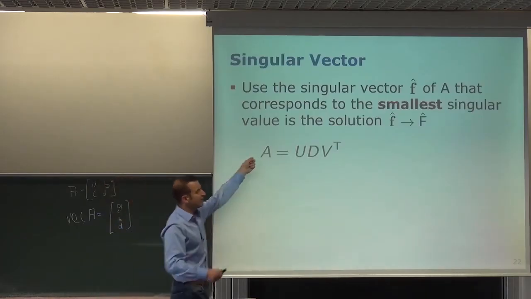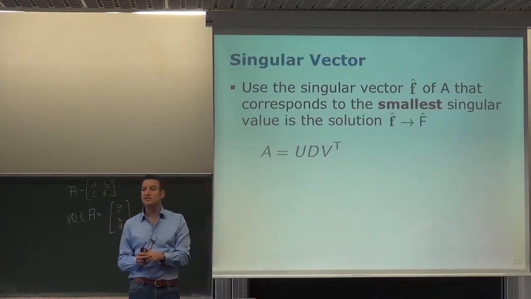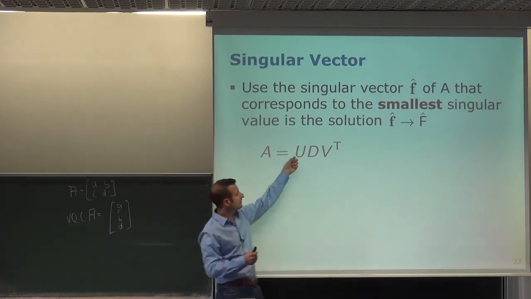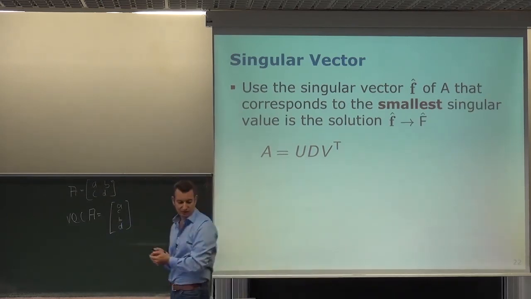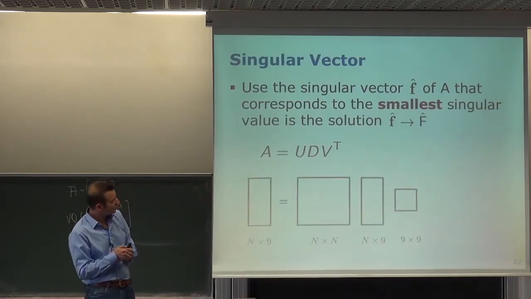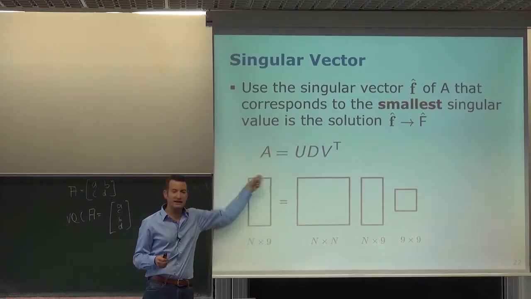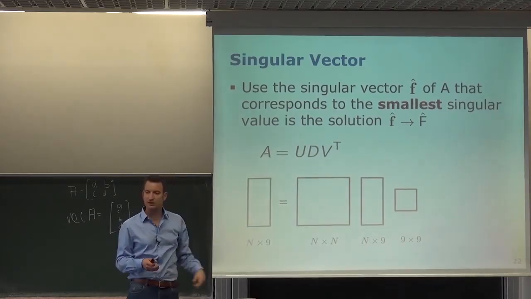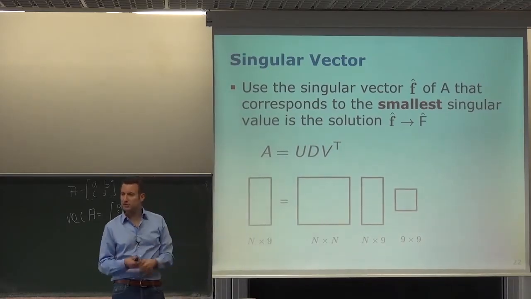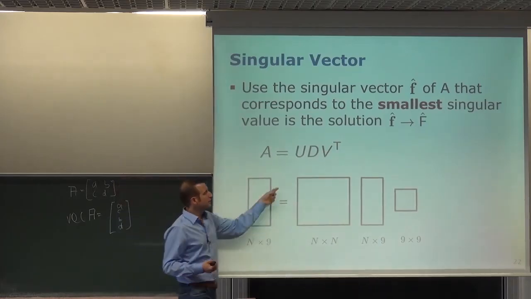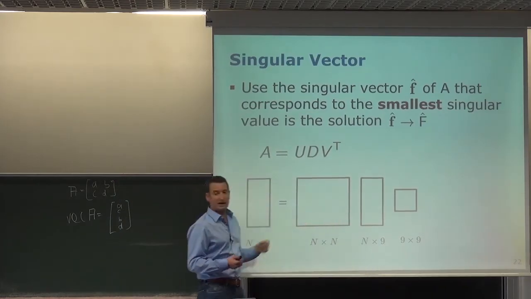So I have matrix A, I compute my function SVD in MATLAB, or however I do that, and I obtain these 3 matrices. Okay, I can actually illustrate those matrices. Here I have n elements, 9 elements, and n is the number of corresponding points I have, so at least 8, but potentially more. Then I have this matrix U, which is an n by n matrix.